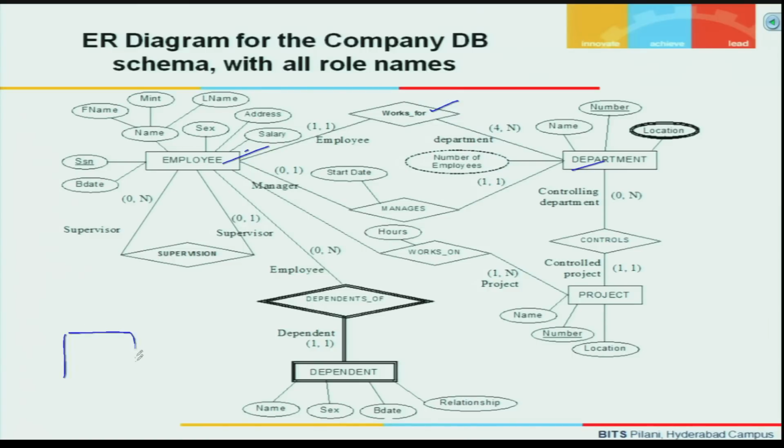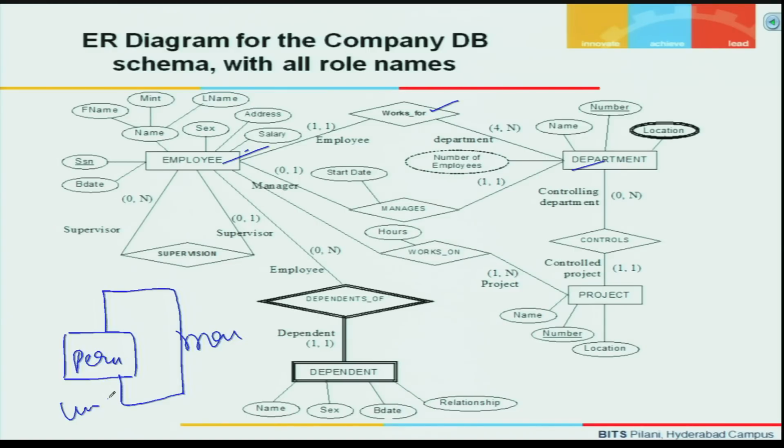If you take the person and marriage, a person can marry another person. If a person is considered as an entity type, how many different entity types are involved in this relationship called marriage? There is only one type. So that's why it is called a unary relationship. This is the degree.